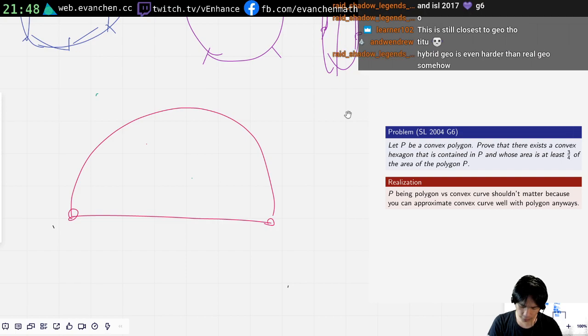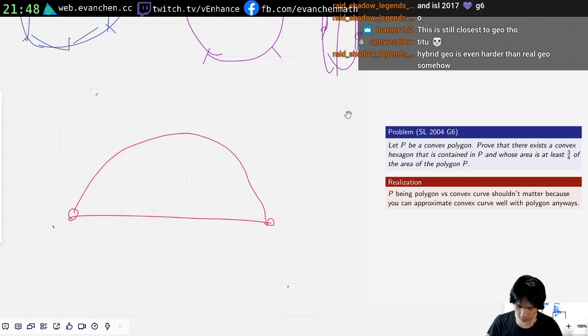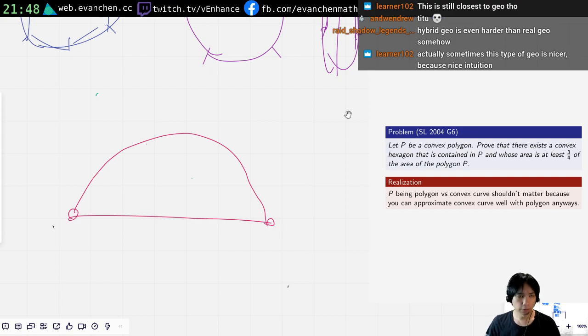And then I have some points that may or may not be inside this circle. No, let me just draw a convex arc. So the x-coordinates are all sort of distinct.